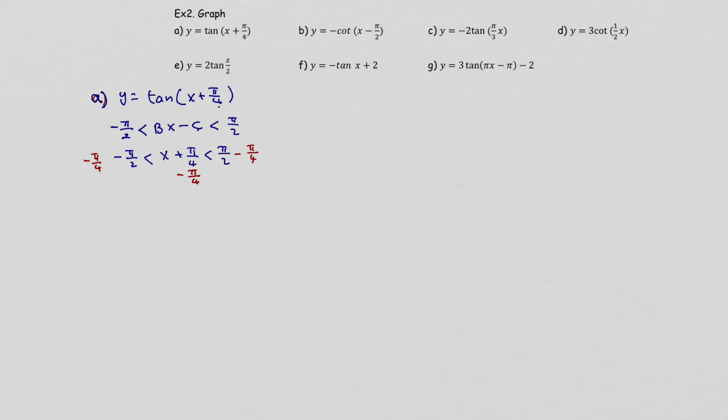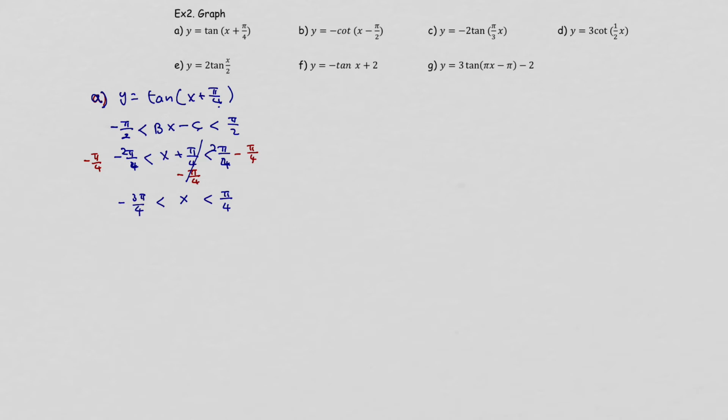What you get in the middle will be just x itself, because that cancels out. We have to have the same denominator, so negative pi over 2 becomes negative 2 pi over 4, minus 1 will be negative 3 pi over 4. And on the right, pi over 2 becomes 2 pi over 4, minus 1 pi over 4, which is positive pi over 4.